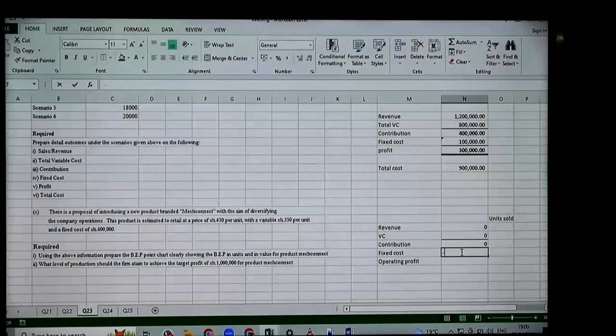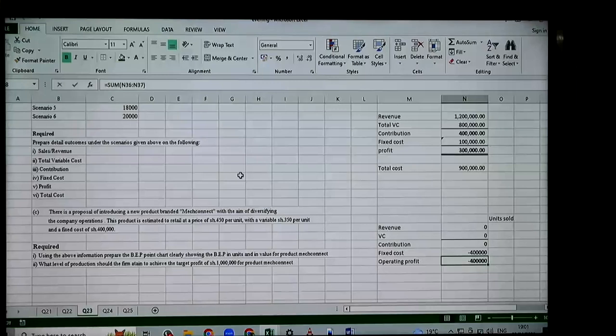So our fixed cost will be the 400,000, and I start with a negative. Then our operating profit will be the sum of the contribution plus the fixed cost, because it's a negative. Control bold, isn't it? So here is where you've been asked to prepare the break-even point. At break-even point, the operating profit is equal to 0.